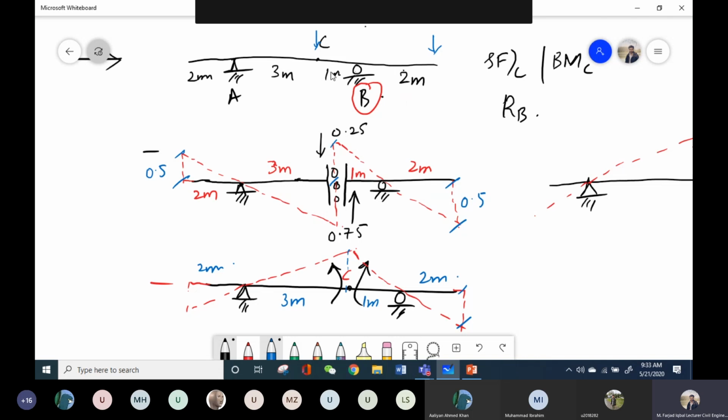So it works with reference to a particular point. It does not show the variation of shear force and bending moment for the whole beam. So what did I do when I compared?